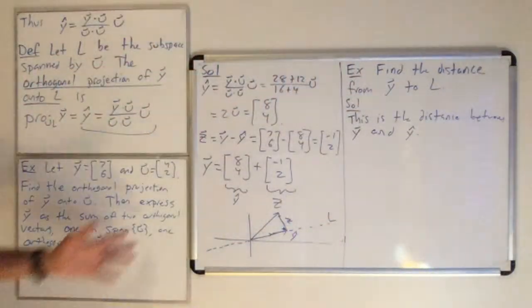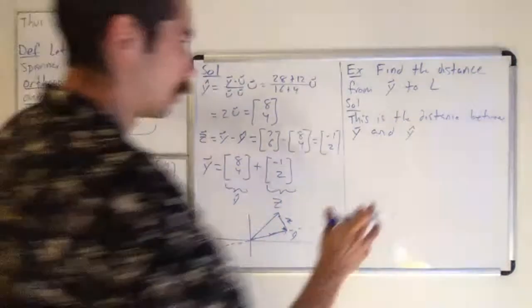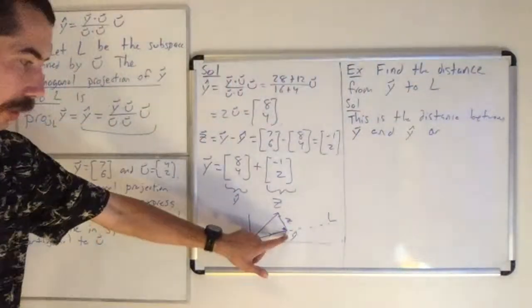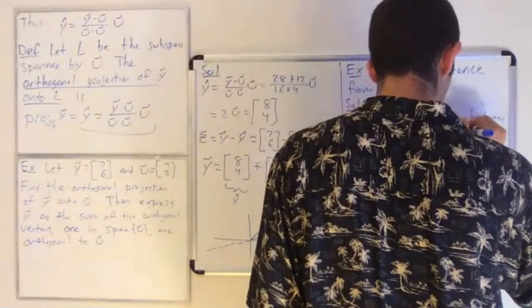Okay, and the way z was found, it's just the vector that goes from y hat to y, or the length of, sorry, z.